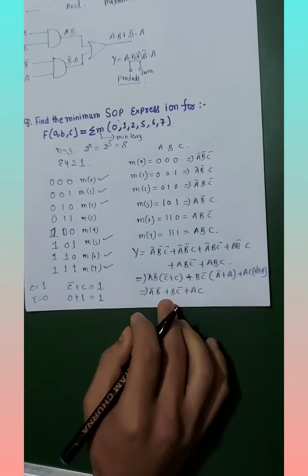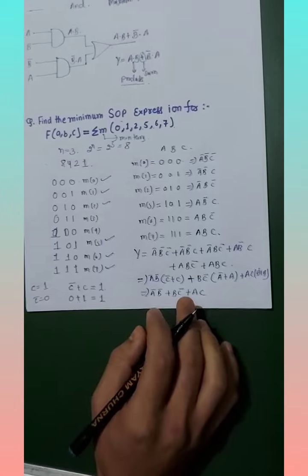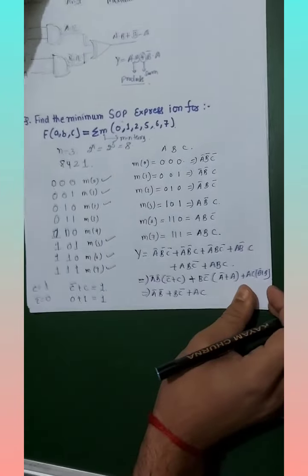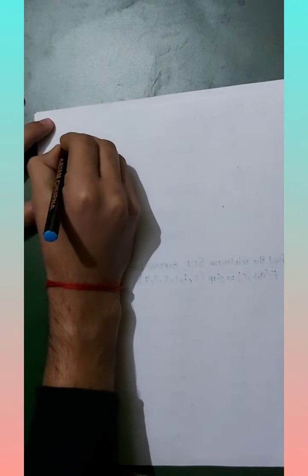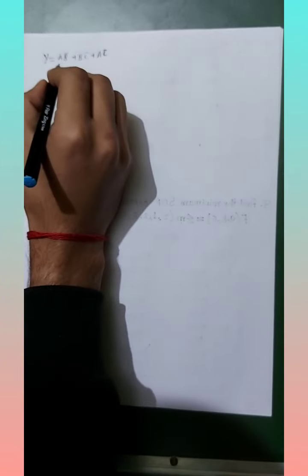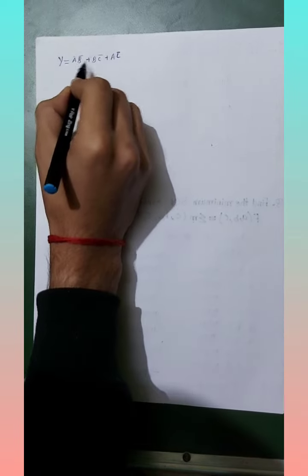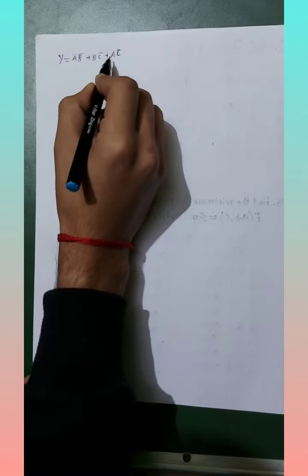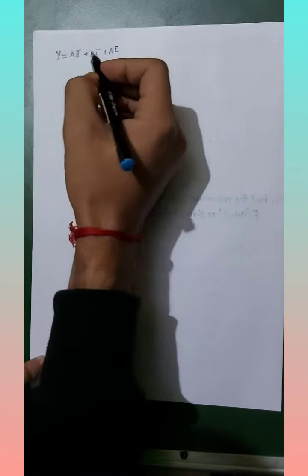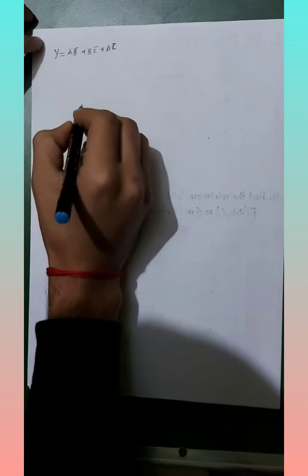Now using this we can also make a gate for this. Now we have y equals, in the previous slide we see that the expression y is equal to a bar b bar plus b c bar plus ac. By using this we can draw the circuit diagram. Let us see the circuit diagram.